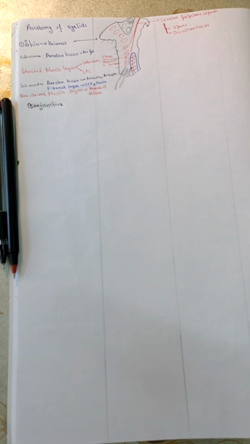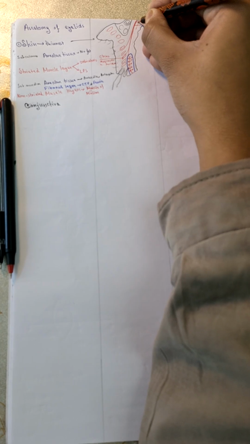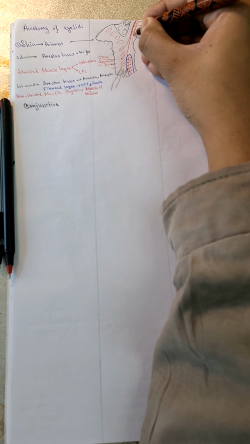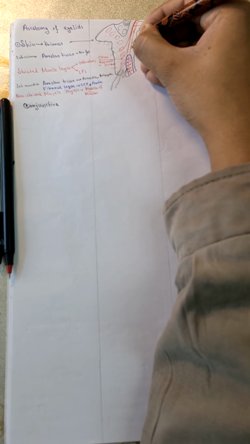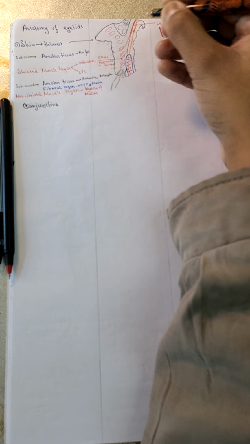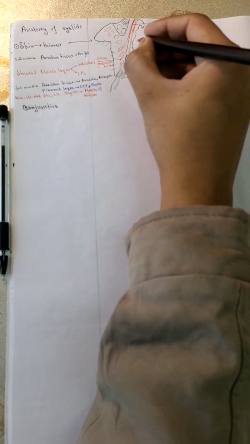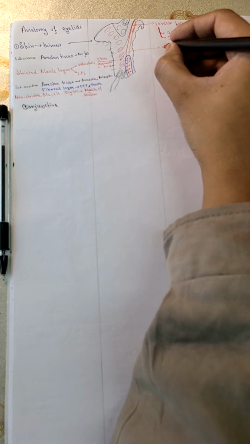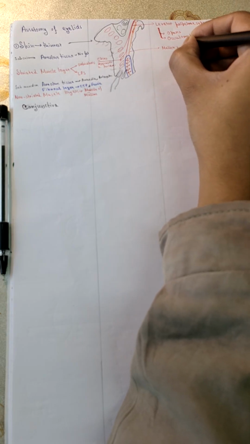It is Muller's muscle, coming more or less like this. It is uncontrollable, so I'm making a different color here. It is the muscle of Muller.